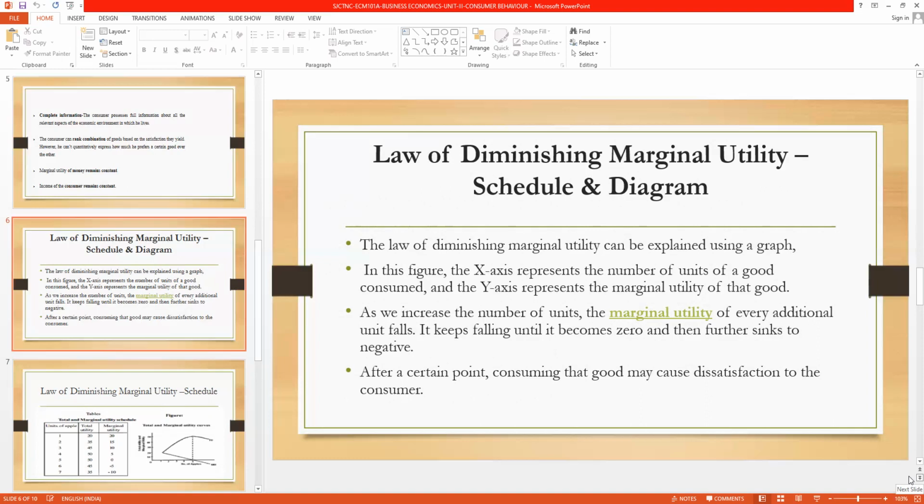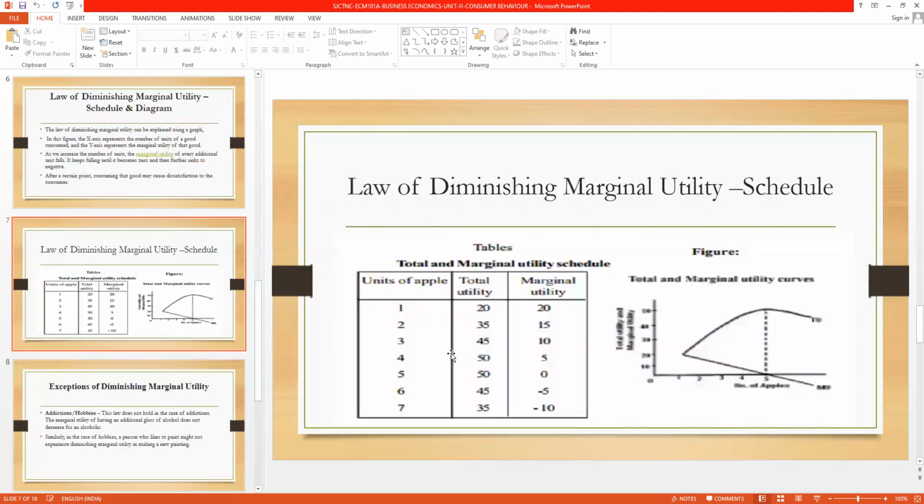Next, this law can be explained with the schedule and diagram. In this diagram, the x-axis represents the number of units of a good and the y-axis represents the marginal utility of the good. Here, in this table, units of apple, we are telling 1, 2, 3, 4, 5, 6, 7.